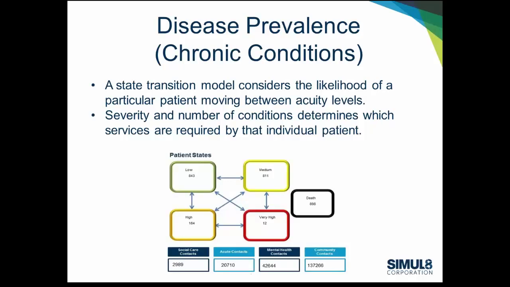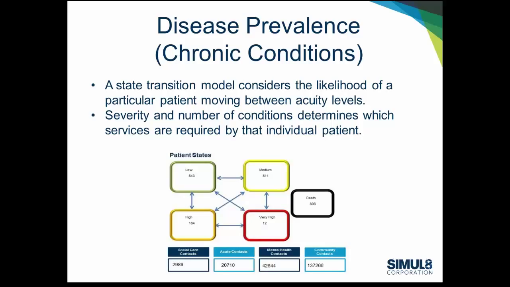Taking that as our starting point, we were looking at the way in which patients might transition from having one or two chronic conditions to having 3 or 4, to having 5 or 6, or to becoming in that very high group. And of course, they will need to access certain services depending on the severity and the number of conditions.